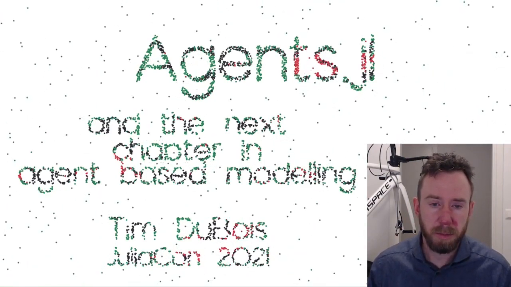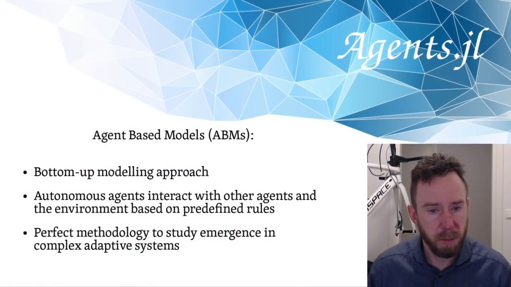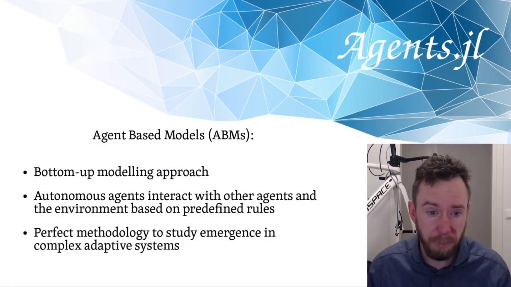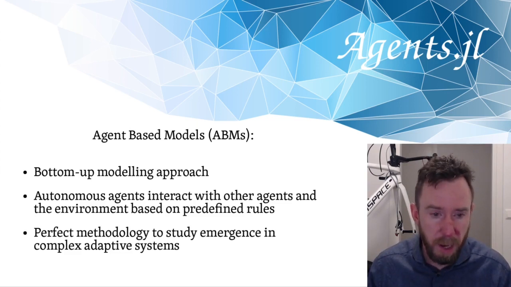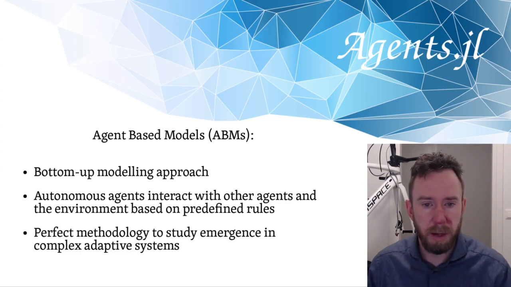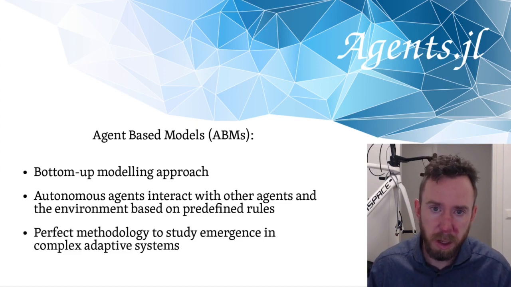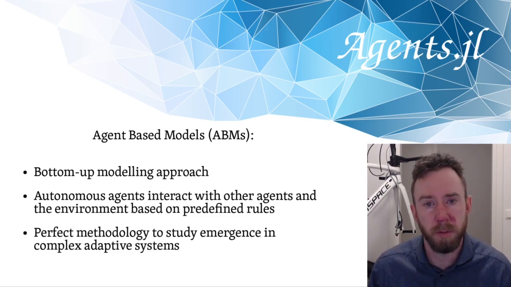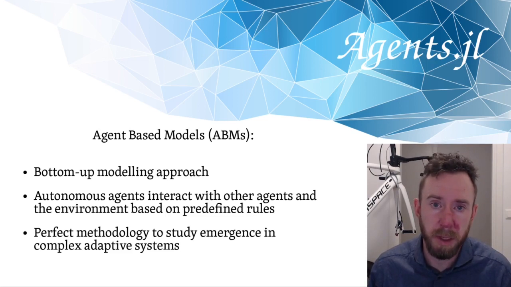So agent-based models, what do they do? Well, effectively they're a paradigm. They're a way to look at a certain class of problems and to be able to solve them based on relatively simple ideas. So it's a bottom-up approach. And generally what you do is you find the fundamental building blocks of what your problem is.